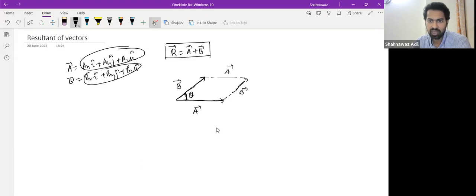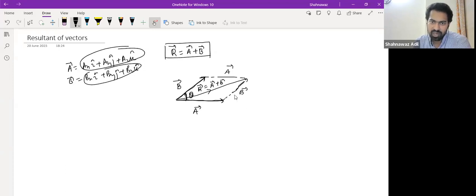Is this a square or a parallelogram? It's a parallelogram, and the diagonal represents the resultant of these two vectors. These are A, B, and this is the resultant.